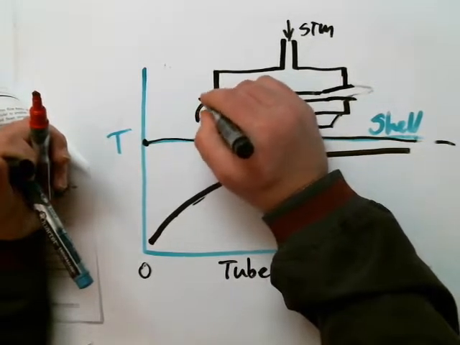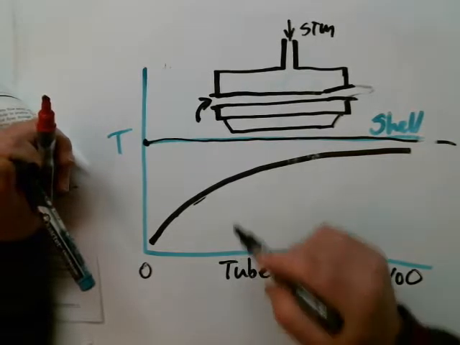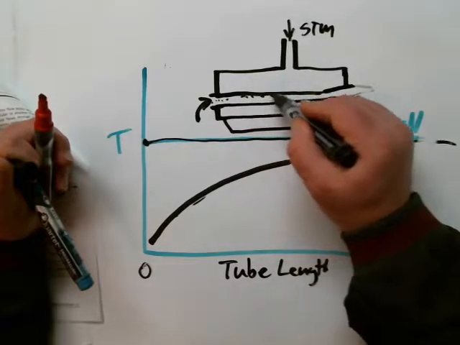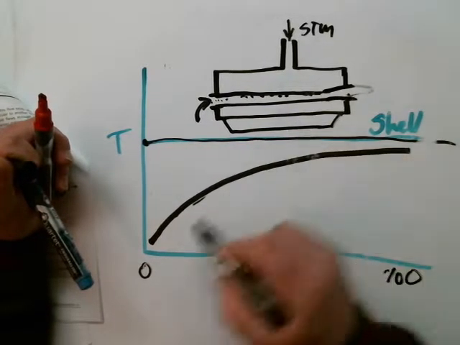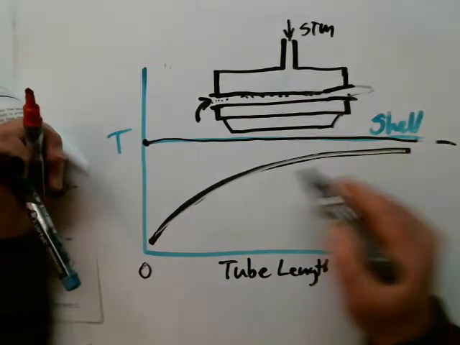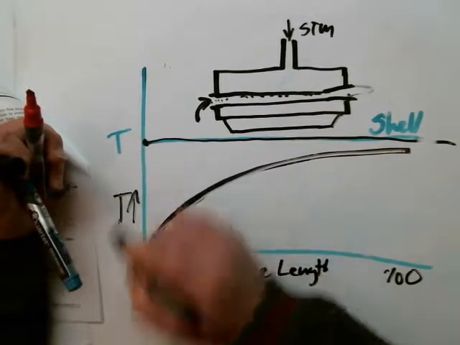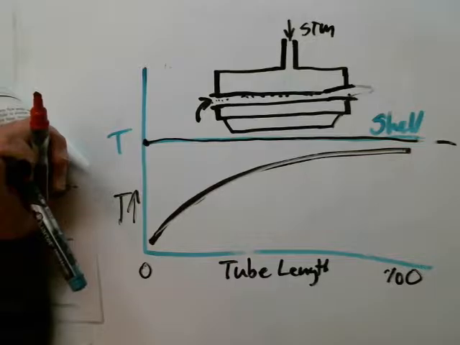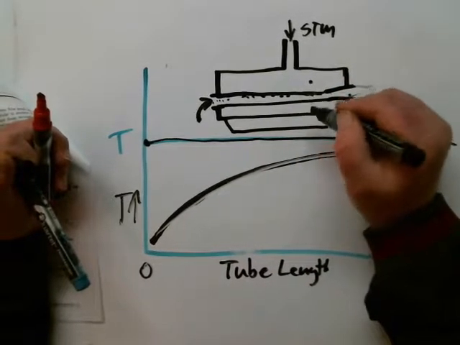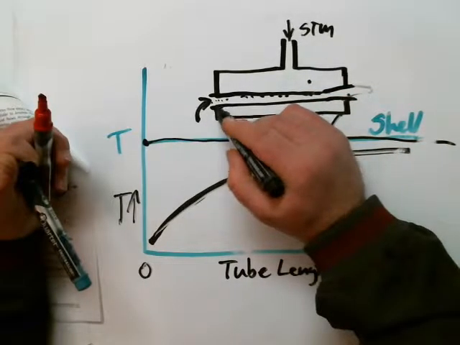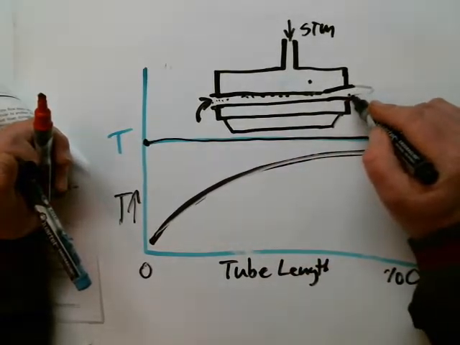Then the cooling water would come in, and as it travels the length of the tubes, it's going to pick up energy, and that's what this is doing. You can see the temperature is going up of this circulating water, right? So a constant temperature in the shell side, an inlet temperature that's cold, an outlet temperature that's hot.